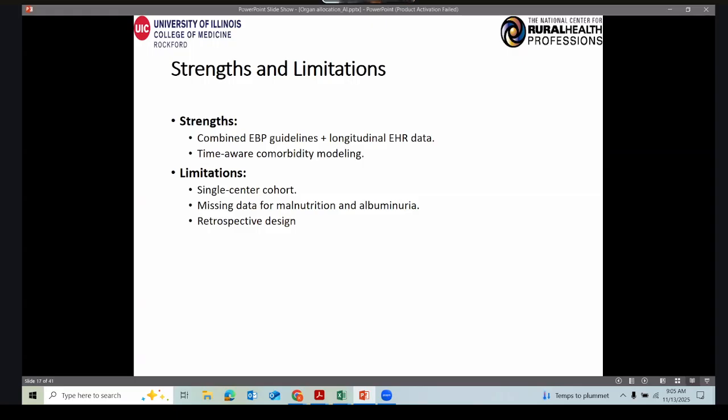We also had missing data for certain variables, particularly related to malnutrition and albuminuria. These are important predictors of frailty and metabolic health, but because of inconsistent documentation in the EHR, we could not include all these variables for all the patients.